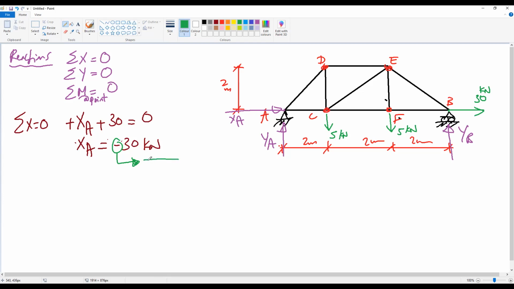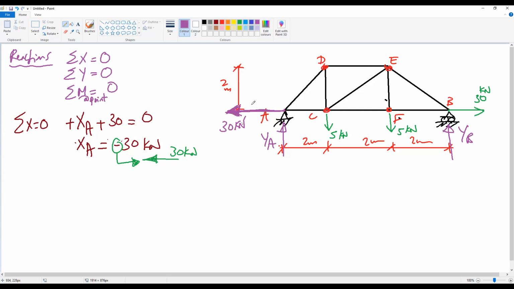This means that XA should be to the left, not to the right. Okay, and if you want to modify here, what we will do is change the arrow direction here and put the value. This is XA, and it is 30 kilonewton.